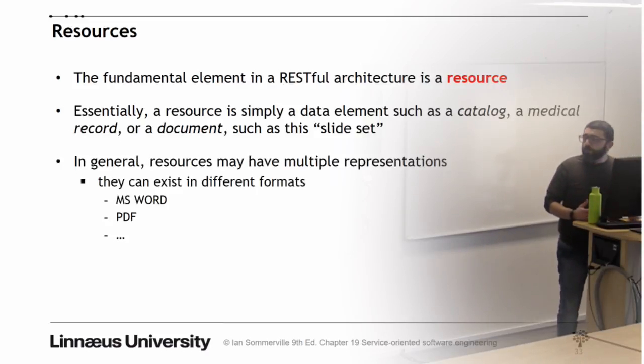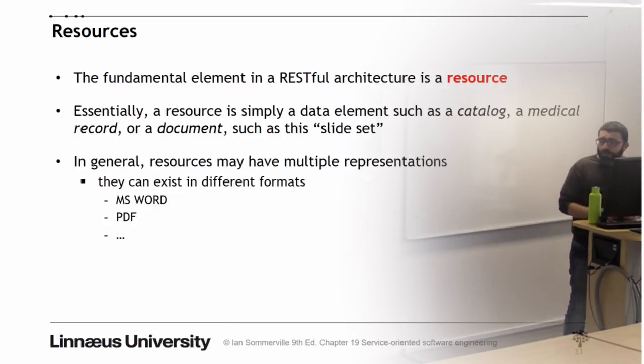And every single resource can have many different representations. That means many different formats. For example, a catalog can be represented by means of a Word document, or a PDF document, or a web page with links, okay, and so on and so forth.